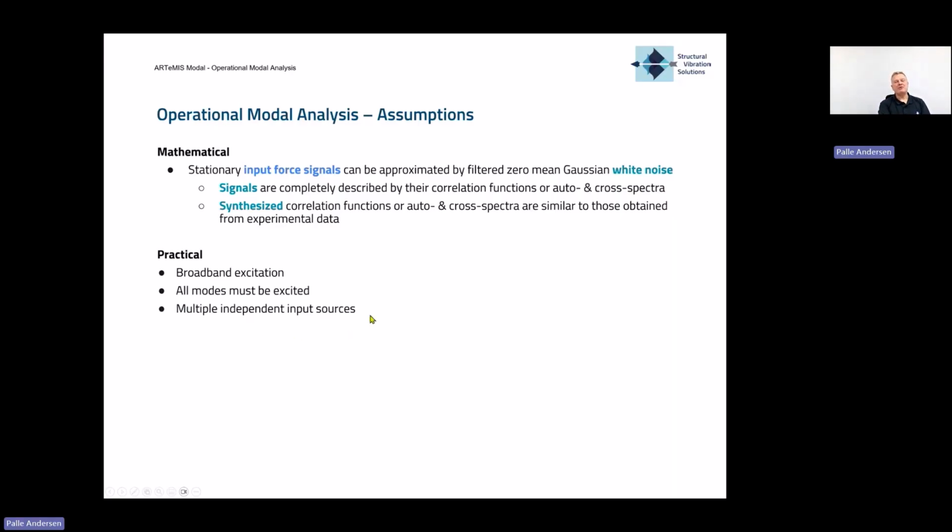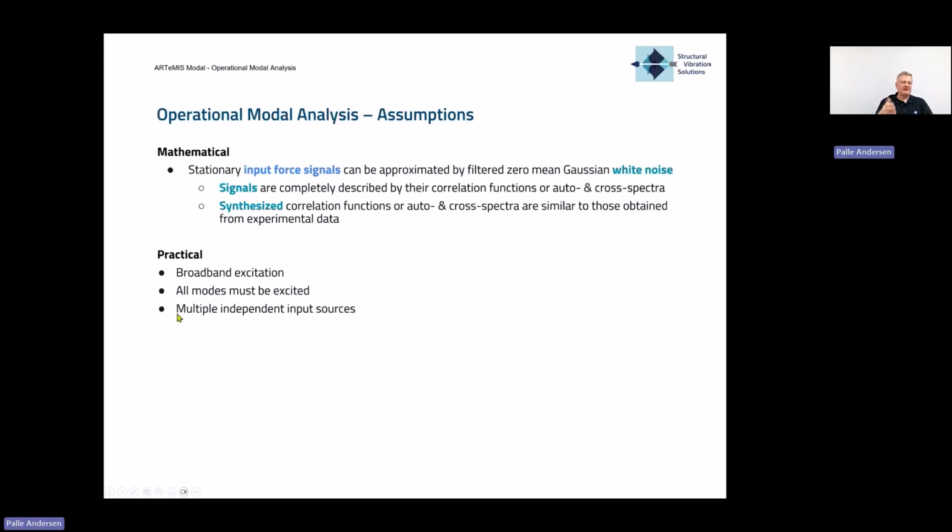Finally, it's also important that you actually have multiple independent input sources. Because if you have multiple excitation sources acting on the structure, you basically then get a Gaussian distribution of the response that you are measuring, and you can also probably imagine that it's easier if you are hitting the structure in different locations, different directions.